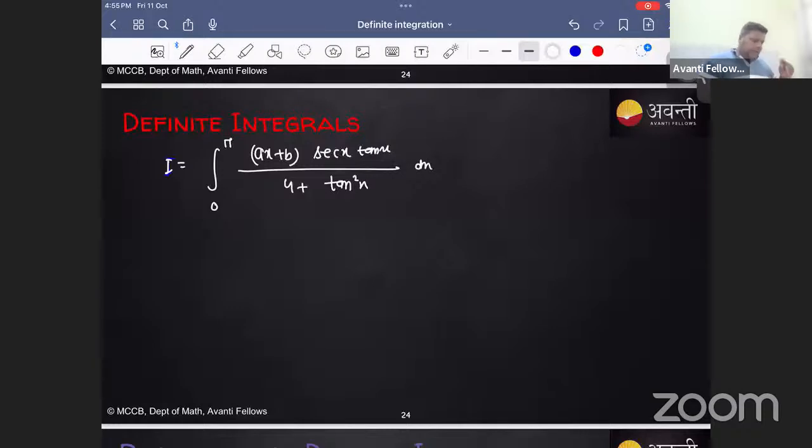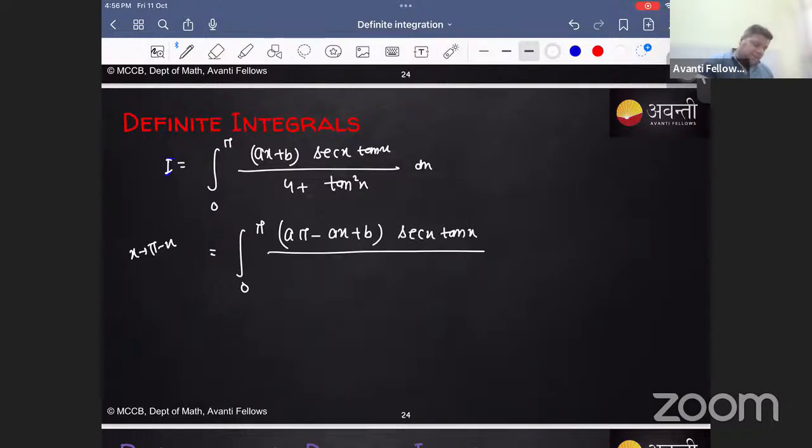So first of all, again, I will use the same property. Replace x by pi minus x. So it will become 0 to pi a pi minus ax plus b. Now sec pi minus x is minus sec x. Tan pi minus x is minus tan x. So it will be sec x tan x ultimately upon 4 plus tan square x dx.